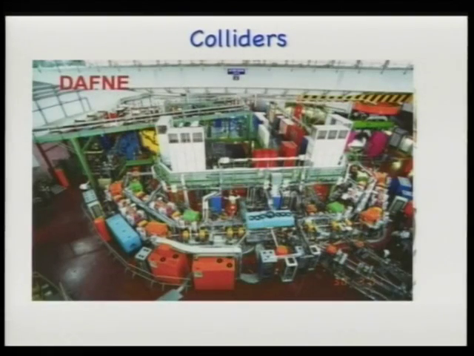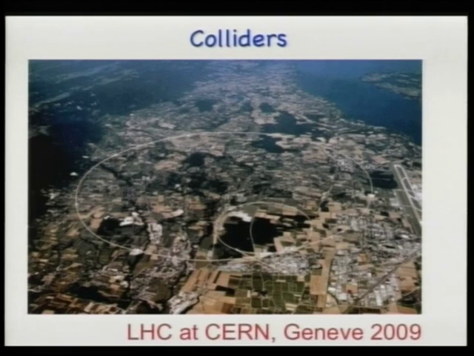Then there is Daphne, that I guess you visited already. And then this is the largest, biggest, most energetic accelerator ever built. It is the LHC, Large Hadron Collider, that is running in Geneva, at CERN, from 2009. So this is the track of the accelerator, 27 kilometers long, 100 meters below the ground.